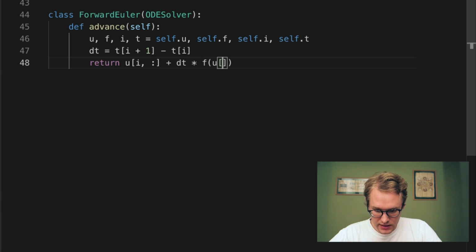And the function takes in arguments. We haven't really implemented this yet. So now we're incrementing, we're advancing in time. This is the solution we're currently at, and we want to keep going. I think that makes sense.